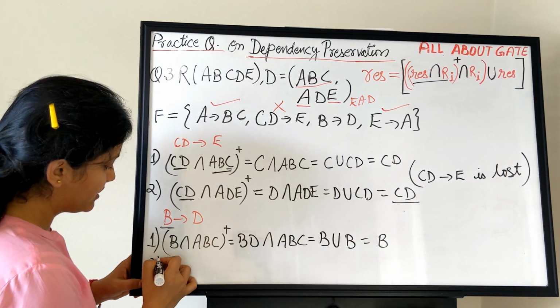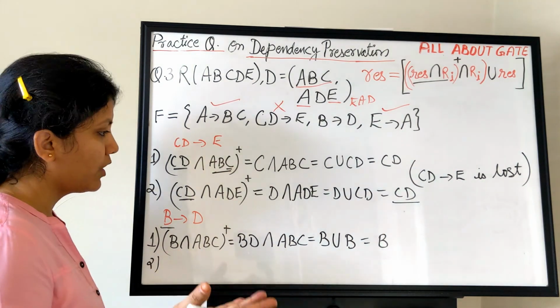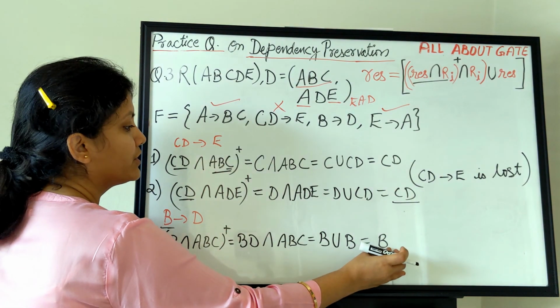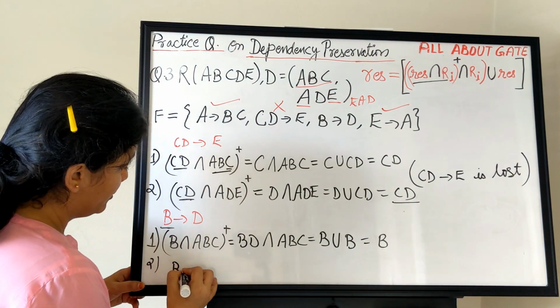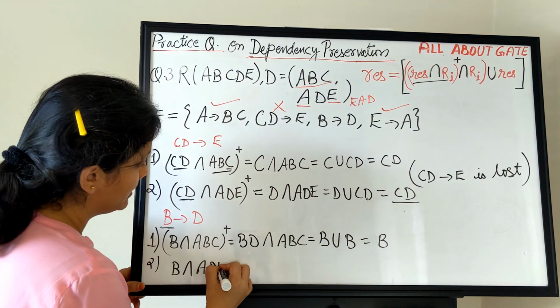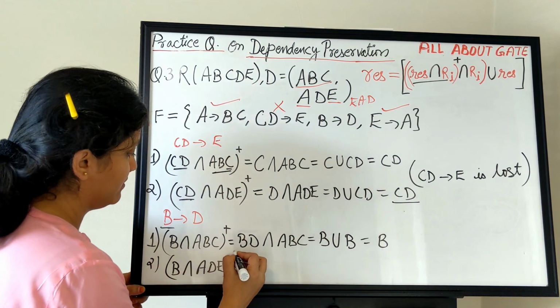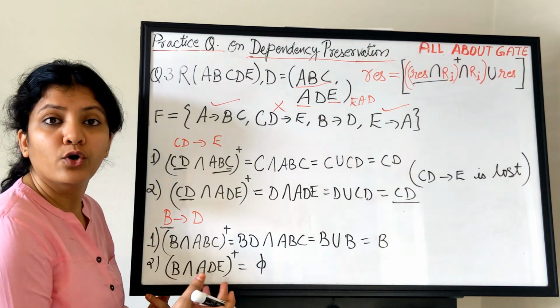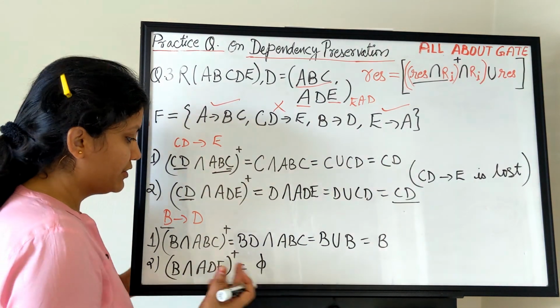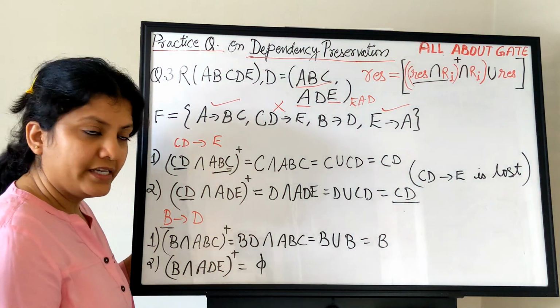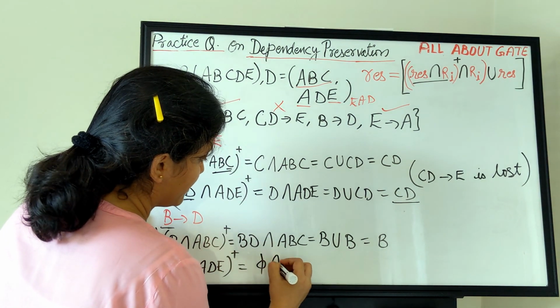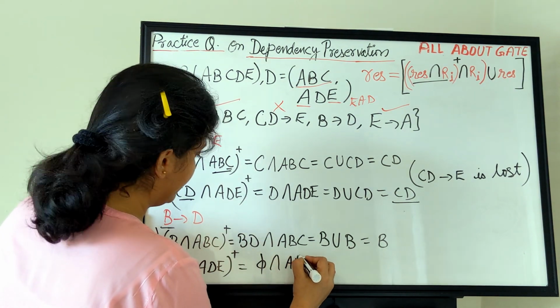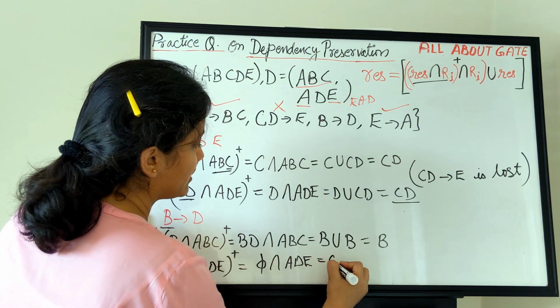Even so, let's follow the second step. Now there is nothing left over. You take this B and its intersection with the next sub-schema. What do you find? Phi. Anything common? No, nothing is common. Once you have phi, closure of phi is nothing but phi. Intersection of this with ADE is phi.